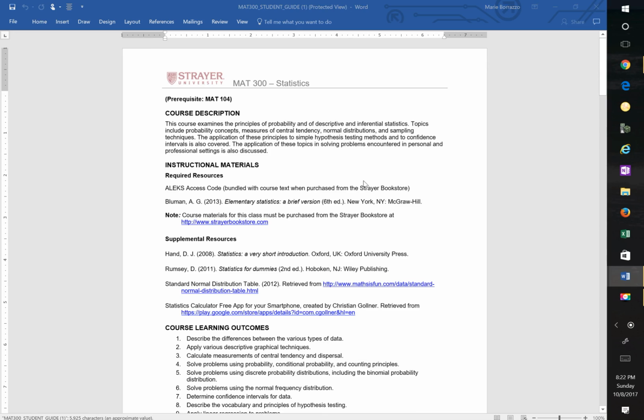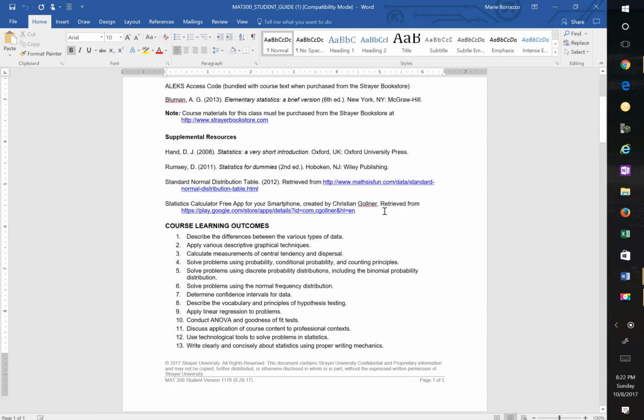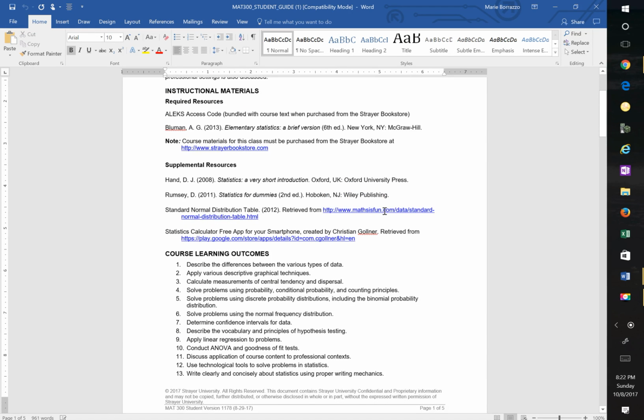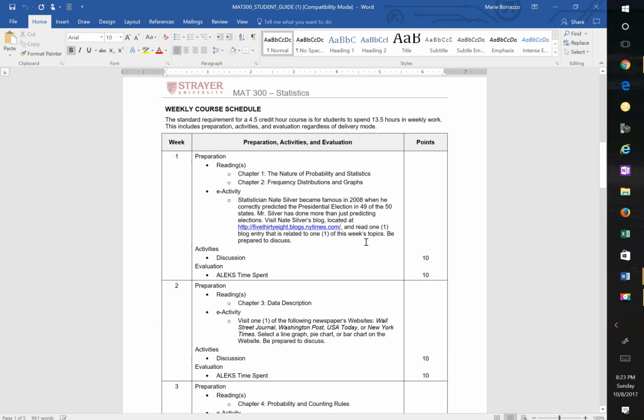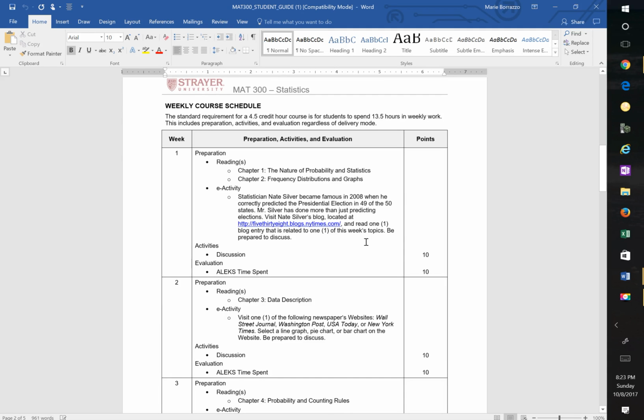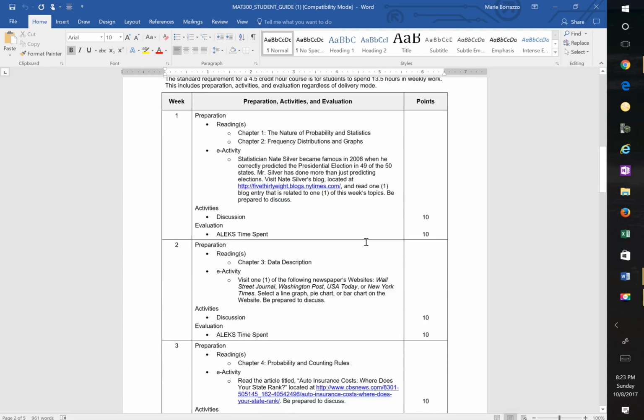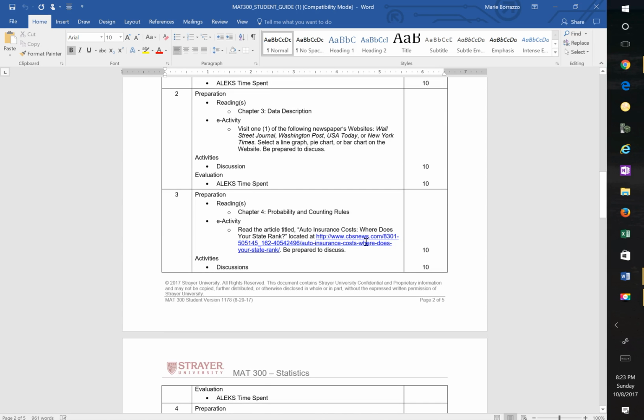Here we are. Basically the overview of the textbook you're going to use, the Alex resources. These are some of the resources. I have so many more resources. If I put them here, I'd have over 10 pages of resources single-spaced. So always ask me for easy ways to approach these concepts, and I will give you tons of ways to do so.